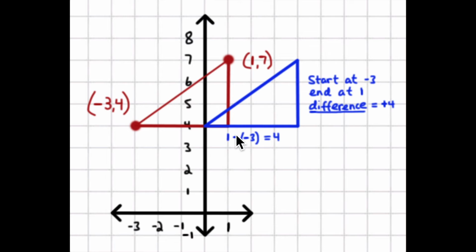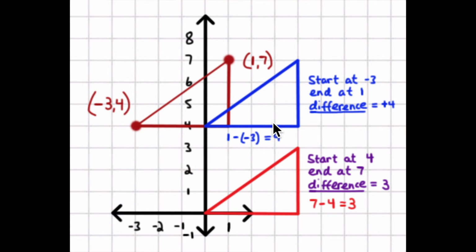When I mentioned in the short version that this is the second add-in in an addition problem, that's -3 plus 4. So that plus 4 right there is this length, and you can calculate that length by taking the sum, which is 1, subtracting the first add-in, which is -3. So you're getting rid of these -3 units, and you're calculating how long it is to get from this point to +1, which is 4 units.